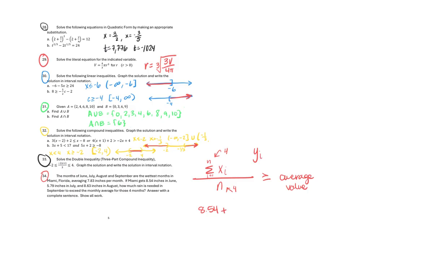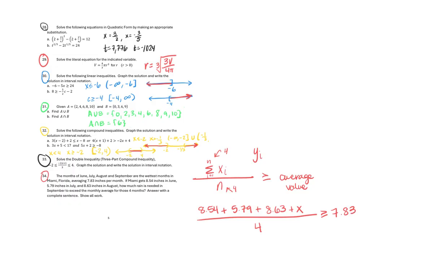Then we have 5.72 for the second month. Then we also have 8.63 for the third month. And then we're looking for this fourth month that we don't know about. So we're going to label that as x, which is our fourth month, September. We're going to divide this by how many months we're averaging by, and then we're going to make this greater than the average number. So now we have an inequality that we can solve.